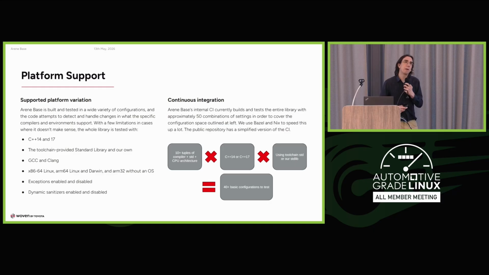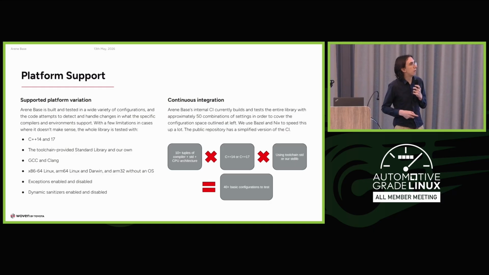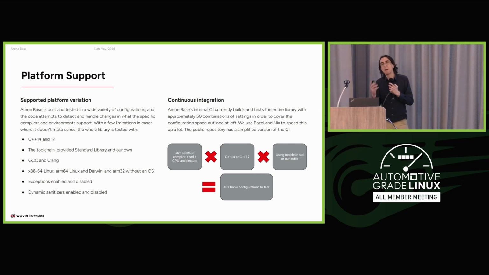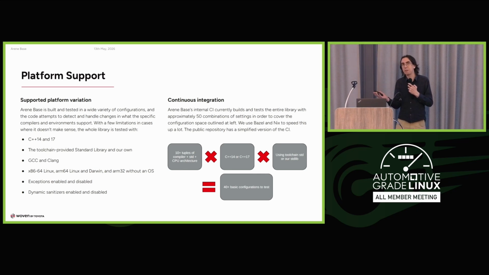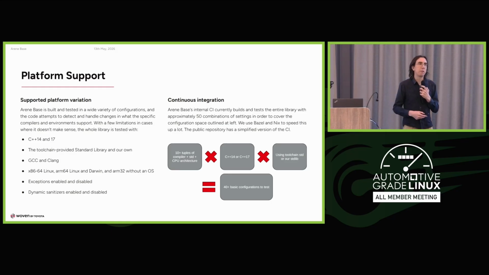I would say it depends on your safety level. If you are in an environment where you really must not throw exceptions, for example, then it may be better to continue using the Arene Base version because it's not exactly the same. As I mentioned, some of the exceptions are replaced with panics in our case. So in that case, it may be better to continue using it.